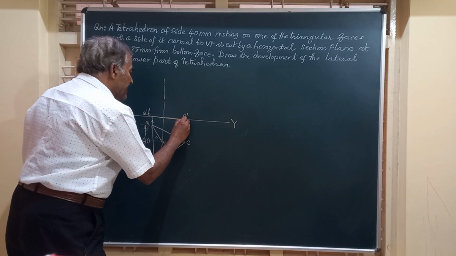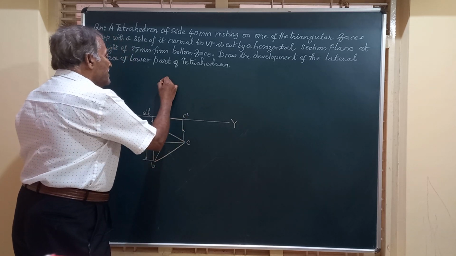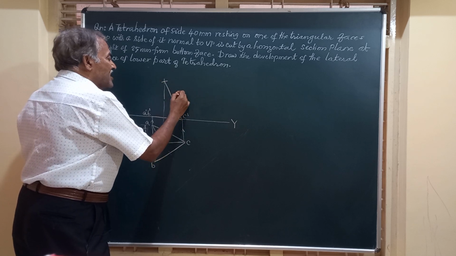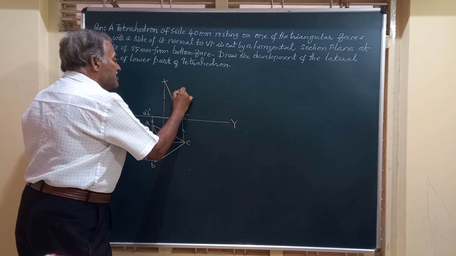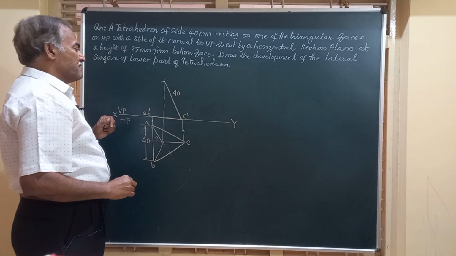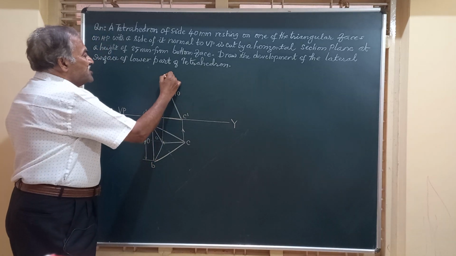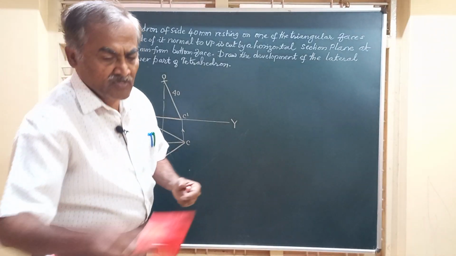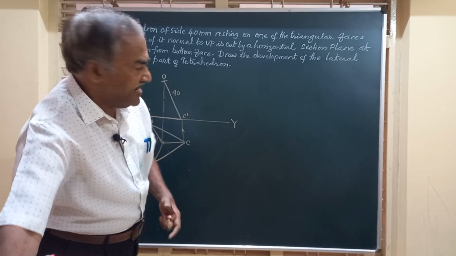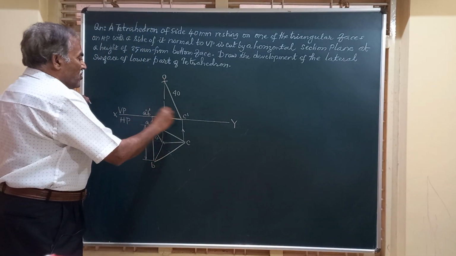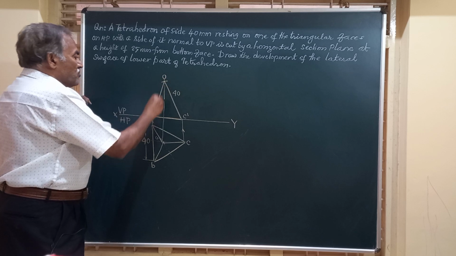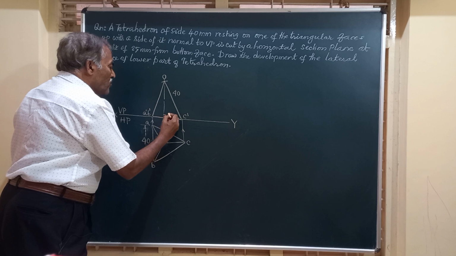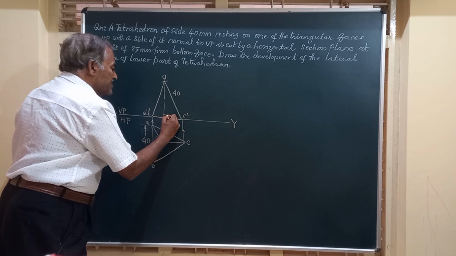Now taking C dash as center and 40 millimeter as radius, I am going to strike an arc. This will have a length equal to 40 millimeter. And friends, this is O, the tip of this tetrahedron height, and you will join O to all these, O to A, O to B, then O to C we have joined. So this is say O1, the center of the bottom face.